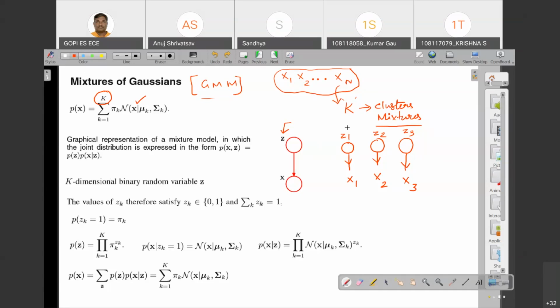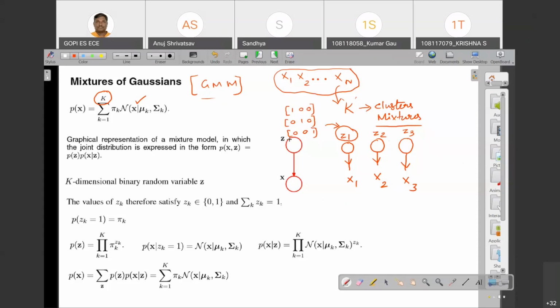But remember that this Z1 is a latent variable, and it takes a value like, for example, if it is a 2-mixture model, either 1 0 or 0 1, right? It is from Gaussian model 1 or Gaussian model 2. Suppose I have 3 mixtures, it is going to have 1 0 0, 0 1 0, and 0 0 1.